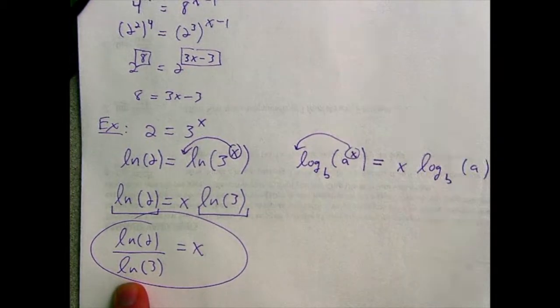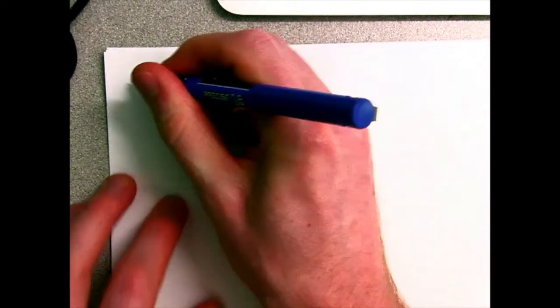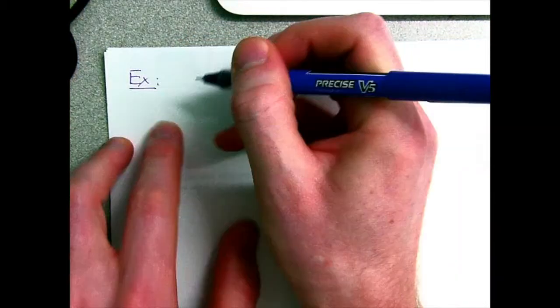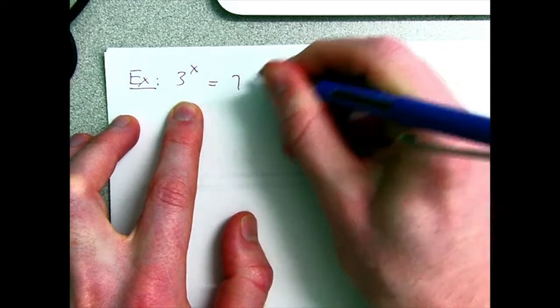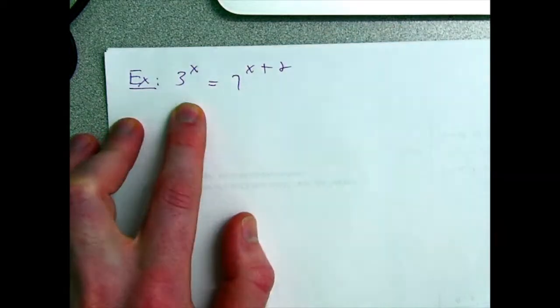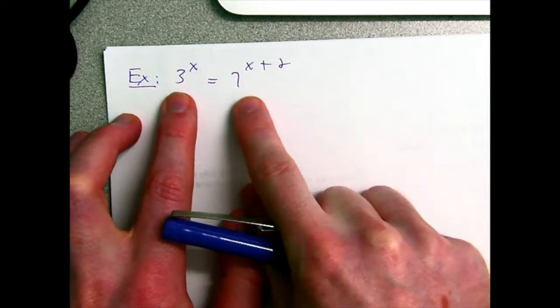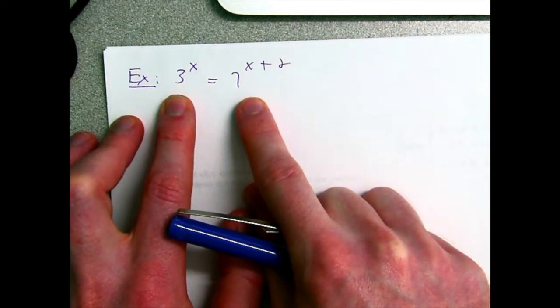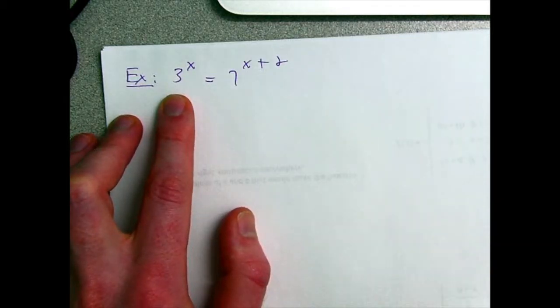All right, so let's do another example. Here's the next one. 3 to the x is equal to 7 to the x plus 2. Okay, so once again, 3 and 7, these two numbers cannot be written as common powers of the same number, which means the old method that we used earlier in the unit will not work.